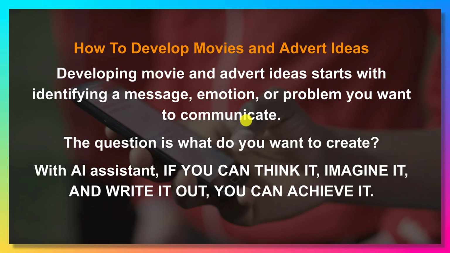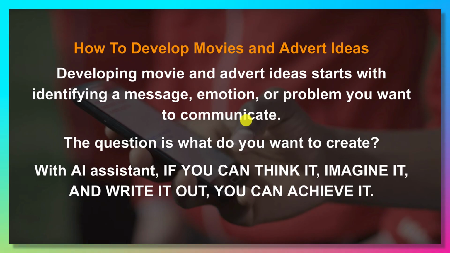Developing movies and advert ideas starts with identifying a message, emotion, or problem you want to communicate. What is the problem you want to communicate? What do you want to solve? What message do you want to pass to people? You have to understand that message.